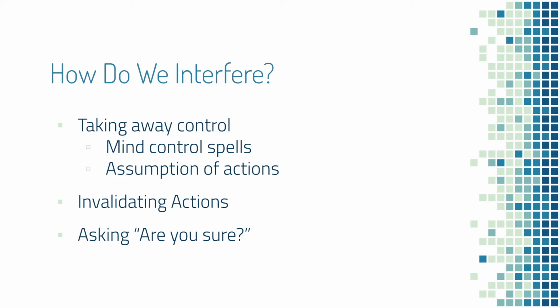Assuming that they all hop in the portal is a way of taking away control. And a good player, if that's something that their character would not do or needs to discuss more before hopping in, is something that they would bring up immediately or let you know when you've assumed incorrectly.